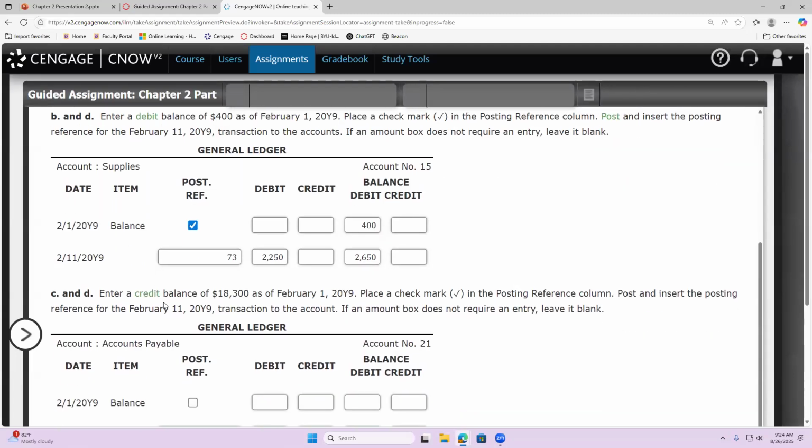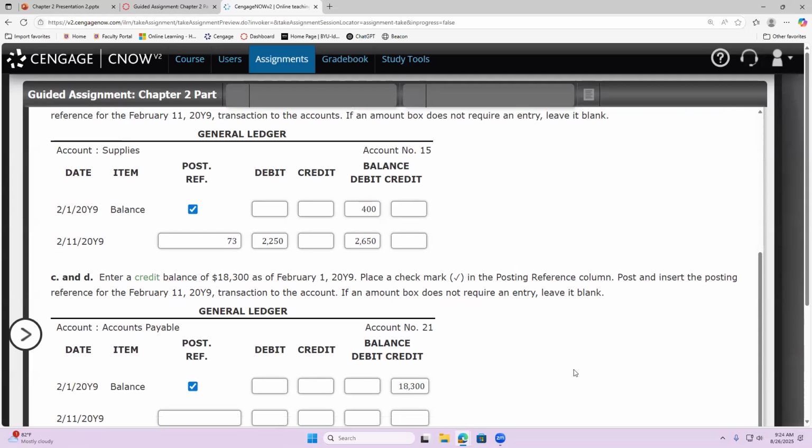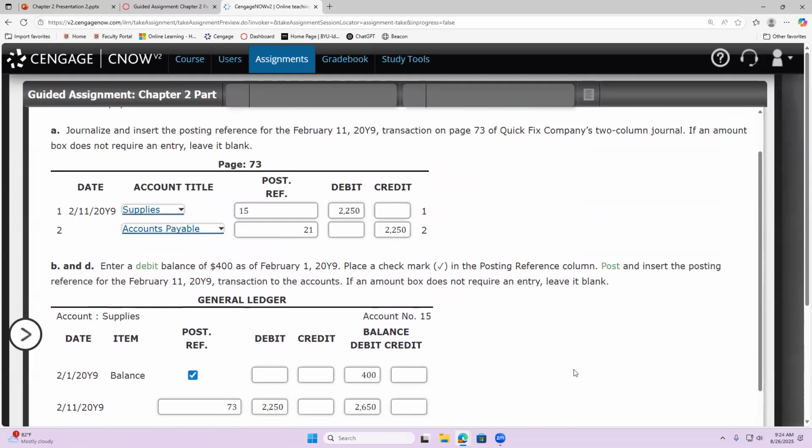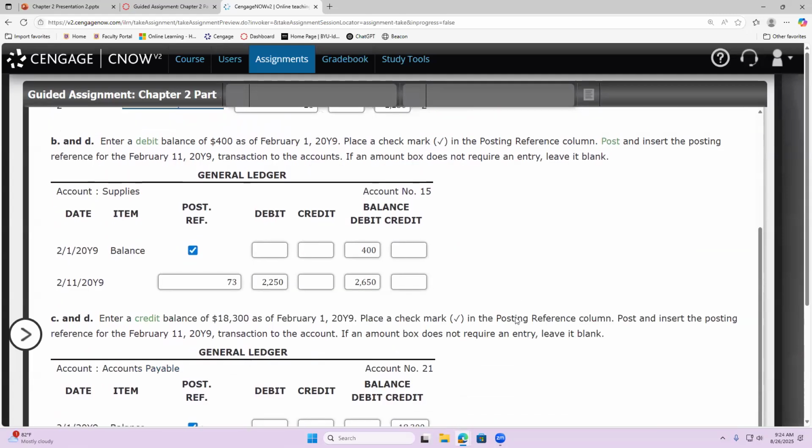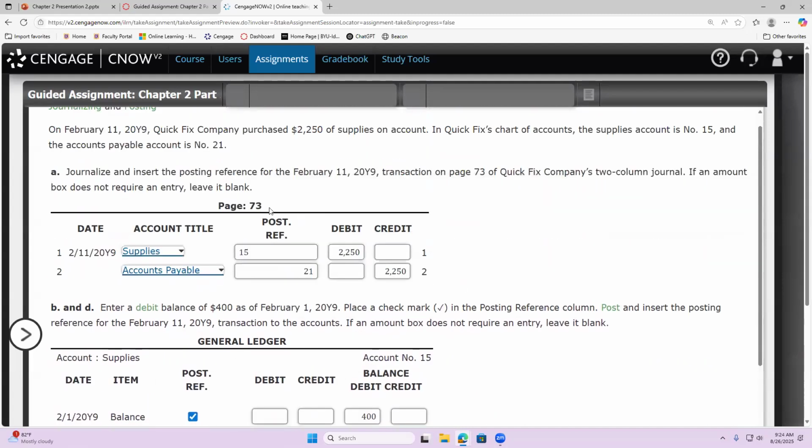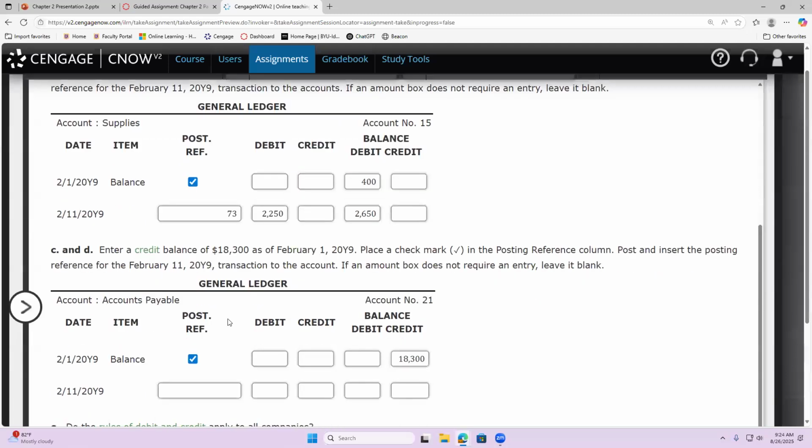And then for the next one, it says enter a credit balance of 18,300 as of February 1st. That's our accounts payable. And then we're going to credit accounts payable 2,250 with the posting reference again of 73. That's the page in the journal it came from.